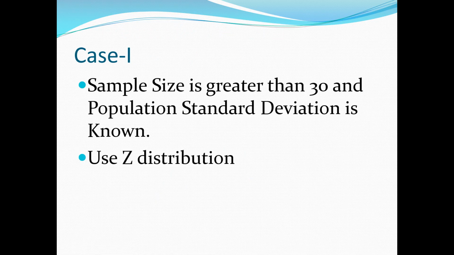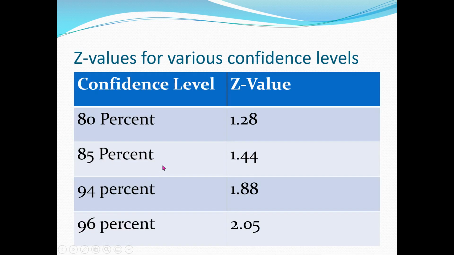So let's discuss case number 1, when the sample size is greater than 30 and population standard deviation is known. In this case, we are going to use the z distribution or the normal distribution. We can have different types of confidence level. If we want to be 80% sure that the population parameter will be within the estimated range, then the z value is 1.28.